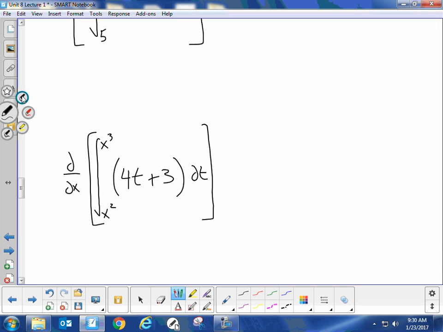Here's the key. What's the difference if I have a value on the top and a function on the bottom? It'd be negative, right? Well, for this, it's just going to be your top plugged in times your derivative. And then the bottom will also be plugged in, but you're going to subtract it. So you will see something like this on your homework, maybe on a quiz.